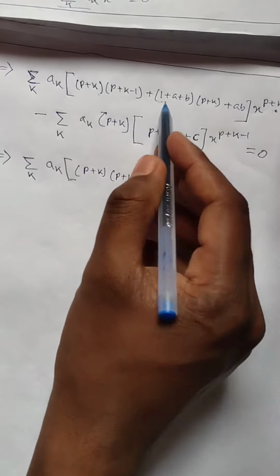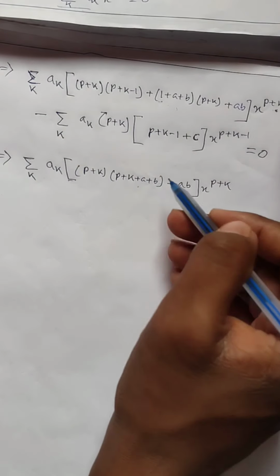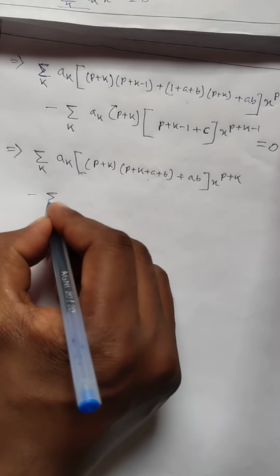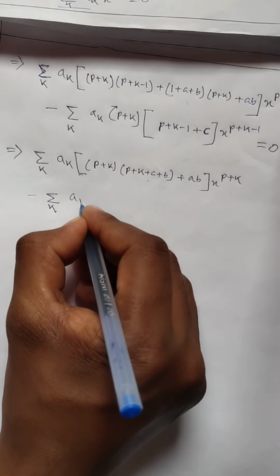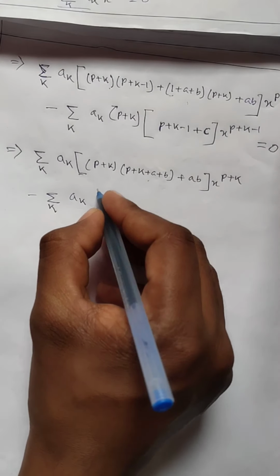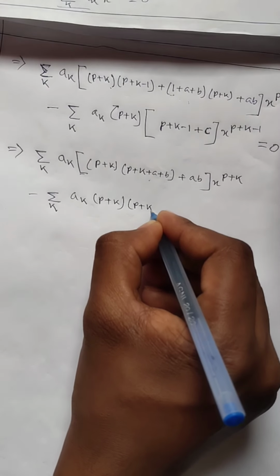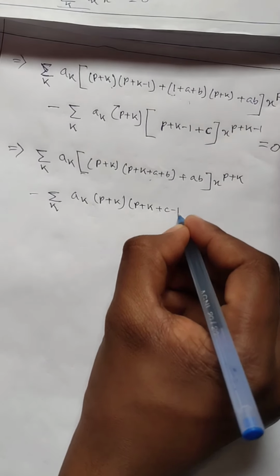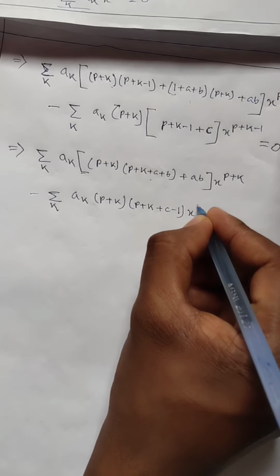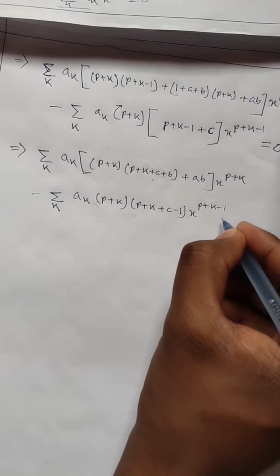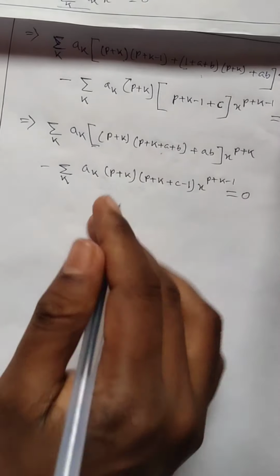If we calculate this, then we will get this term minus k ak (p plus k)(p plus k plus c minus 1) x to the power p plus k minus 1 is equal to 0.